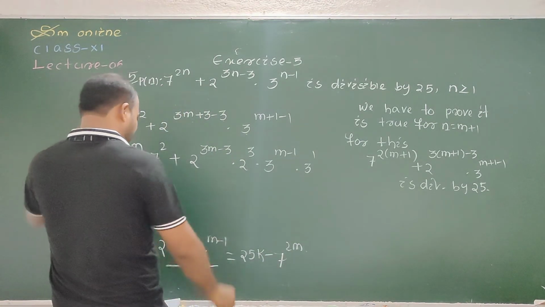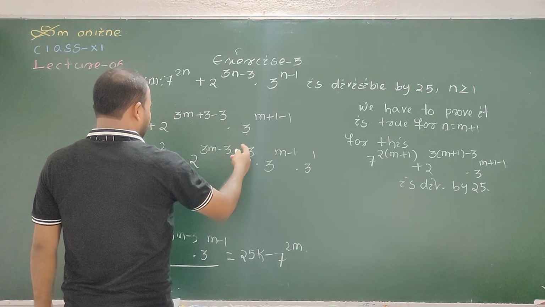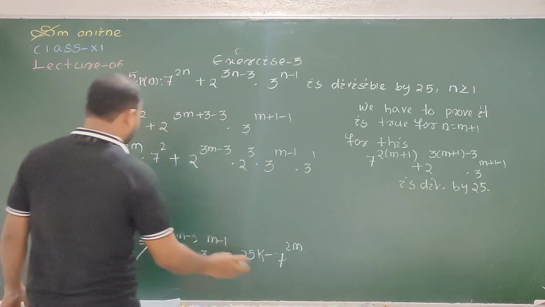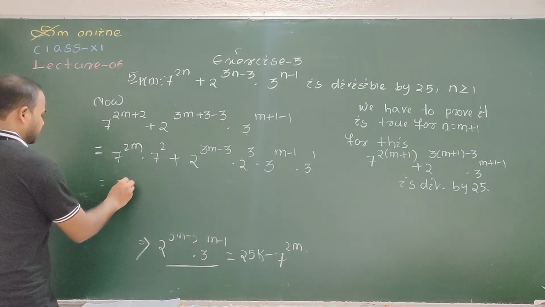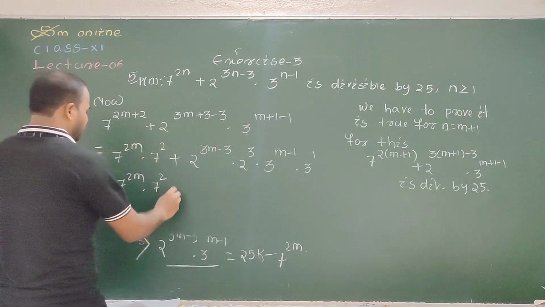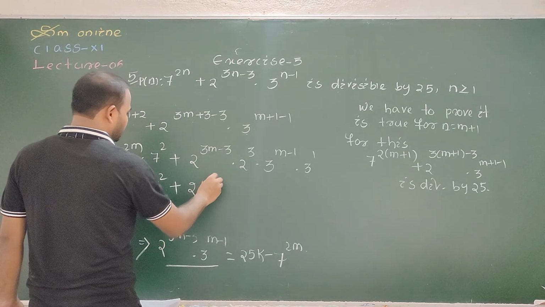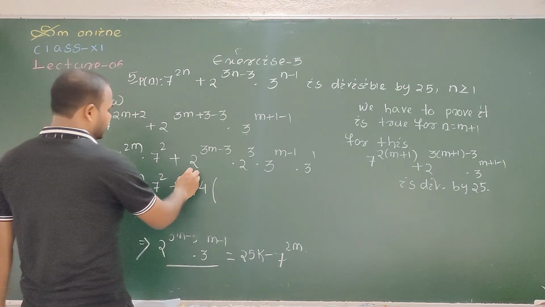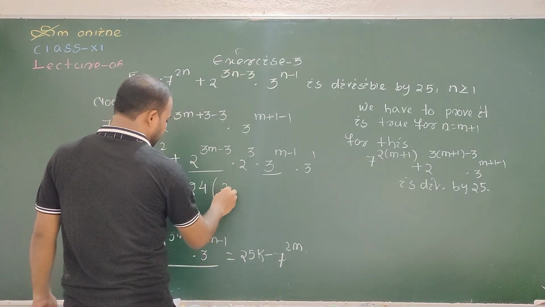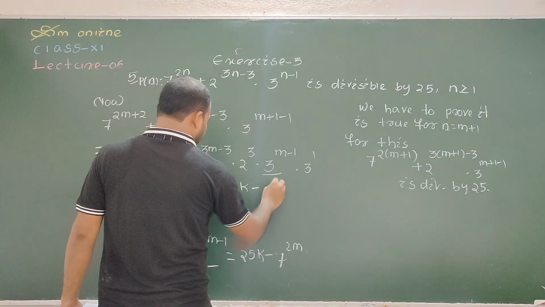Okay, and 2 cubed is 8, 8 into 3 is 24. So it is equal to 7 to the power 2m into 7 square plus 24 into 2 to the power 3m minus 3 into 3 to the power m minus 1, which equals 25k minus 7 to the power 2m.